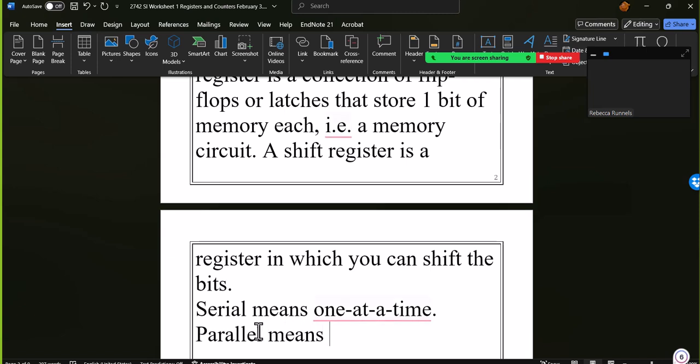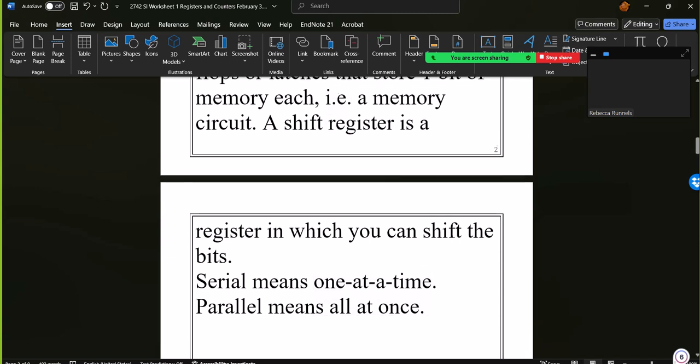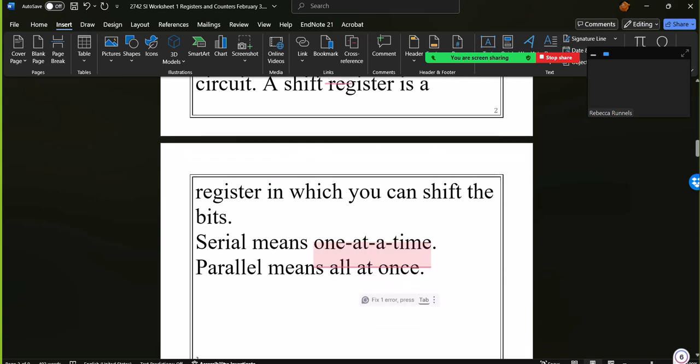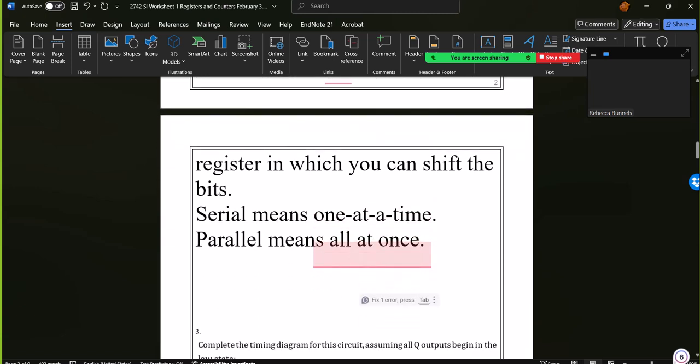Parallel means all at once. So when you transmit data serially, that means you're giving the data, here's the first bit, here's the second bit, here's the third bit, here's the fourth bit, you're doing it just one at a time. If you do it parallel, you send 8 bits at once, all at the same time.